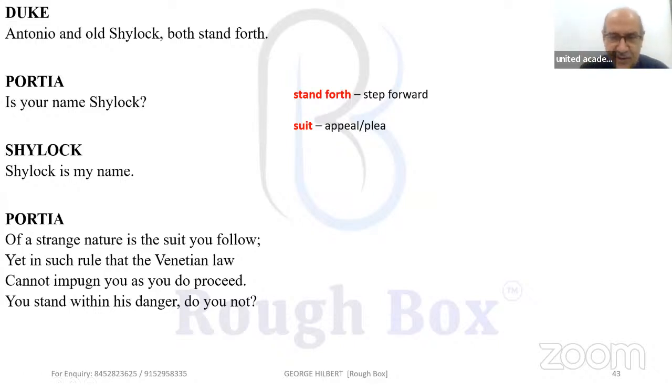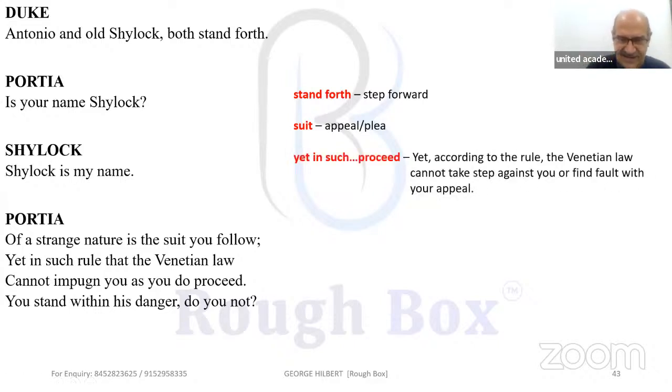Nobody asks for a pound of flesh to be cut in court in front of everybody. It's a very weird demand you make. But although it's weird, this Venetian court cannot find anything wrong with your demand at the moment.